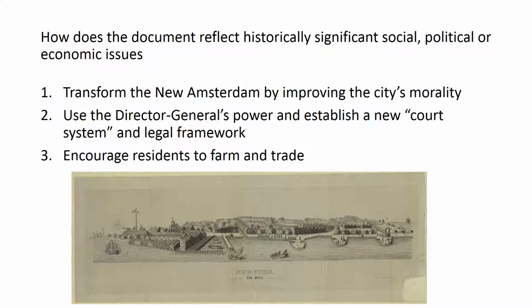As you read the documents for today, one of the key issues that comes up in several different ways, especially in the case of Jansen and Reniers, is that here we see the Dutch West India Company trying to improve the city's morality, get rid of those people who come to the city to drink and carouse all the time, close down a number of taverns, stop people from smoking so much tobacco, and stop prostitution from being so carried on so openly in the city.